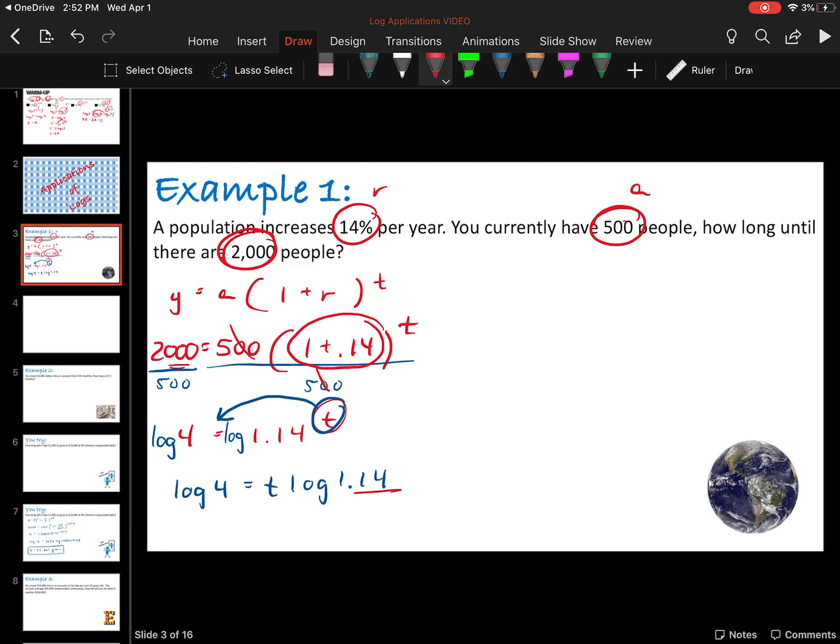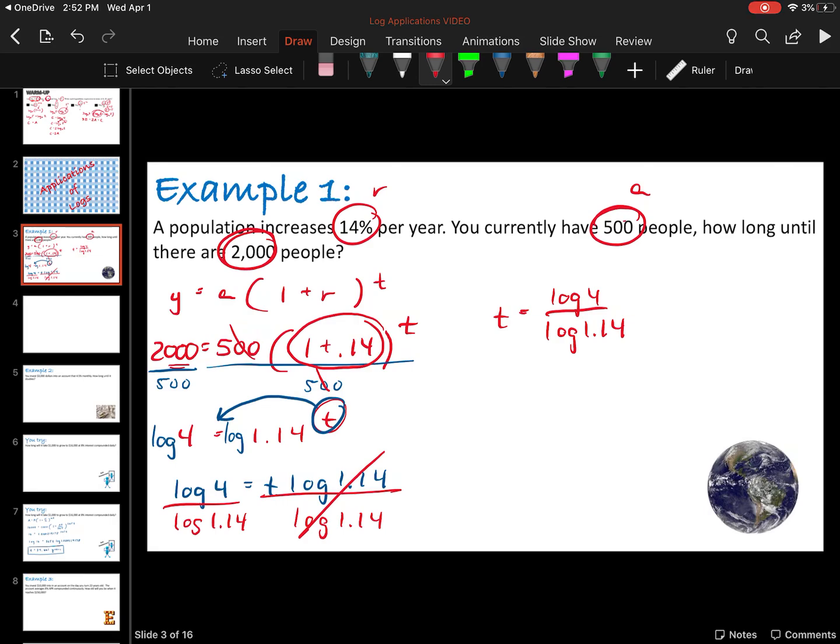And then from there, we just need to divide both sides by log 1.14.